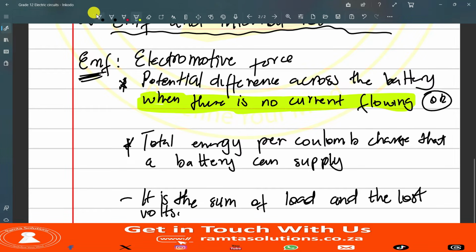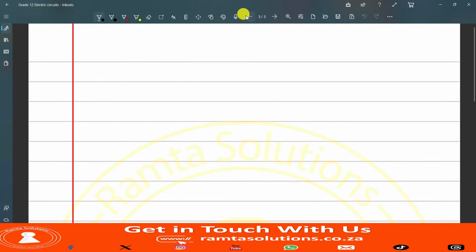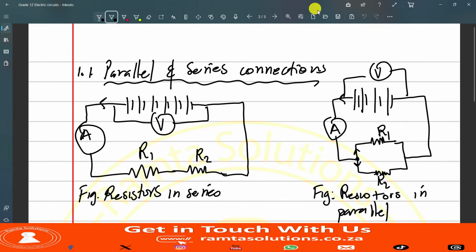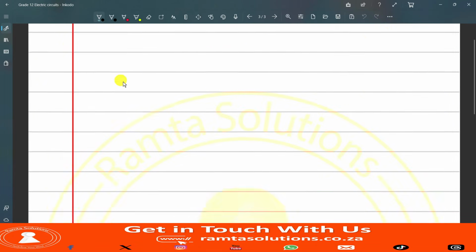Okay, perfect. Now, by the way, this potential difference, the EMF, is symbolized with this letter here.